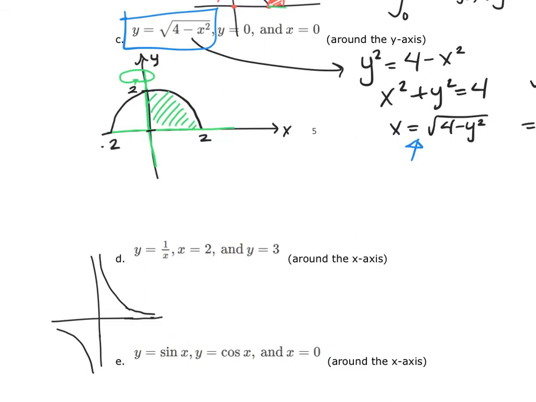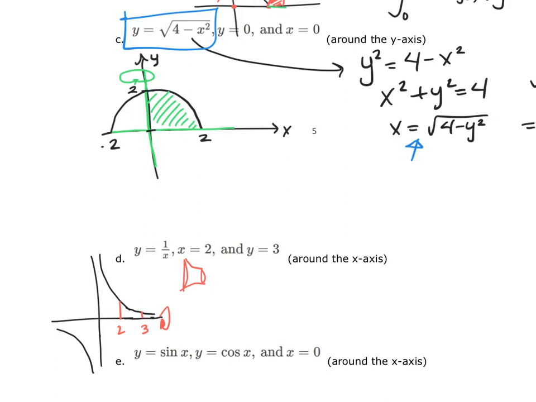Where I'm going to integrate is between 2 and 3, and I'm going to do a rotation around the x-axis. And so what I'm going to have is a shape that looks something like that.